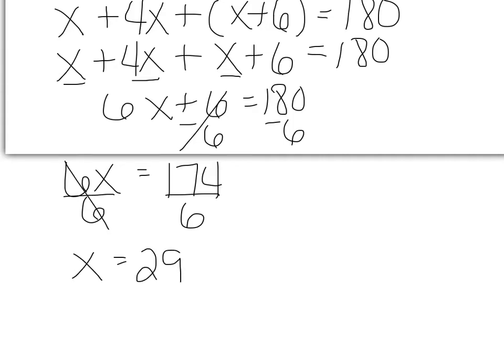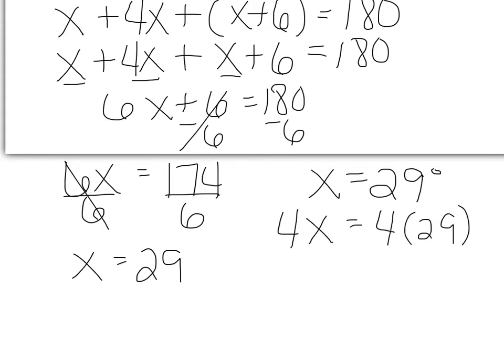They actually want to know what the angle measures are, so you plug back in. You had x, so x equals 29 degrees. Then you had 4x, so 4 times 29, which is 116 degrees.